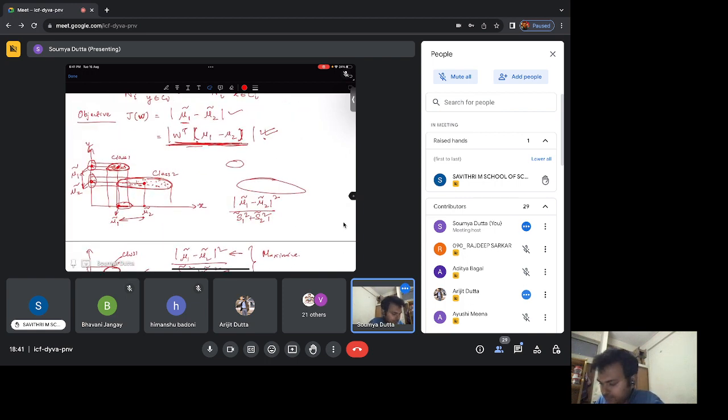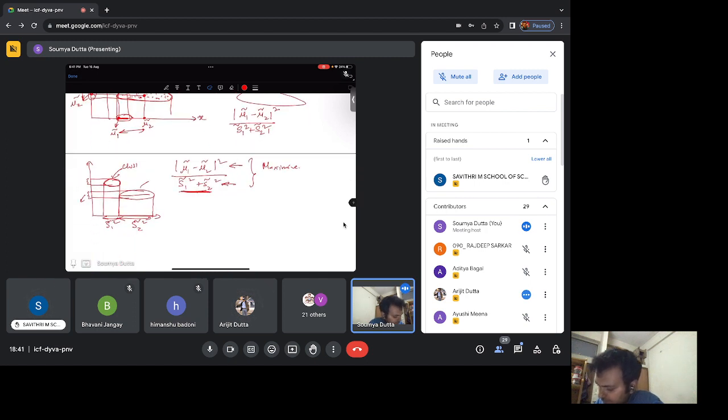That is clear. Now I am saying that instead of maximizing just the two means, you try to maximize this particular circled thing which I have written down. That will entail two things: increasing the numerator, which means moving the means as far apart as possible, and also reducing the denominator. Correct?